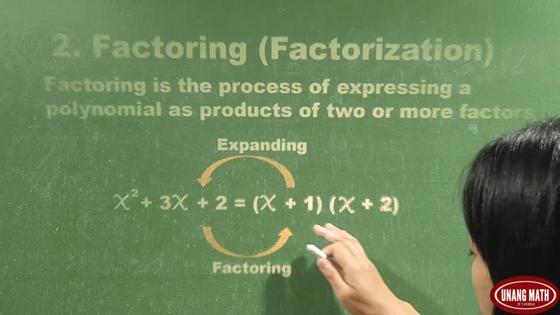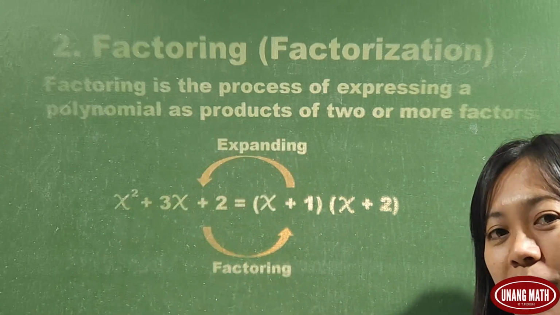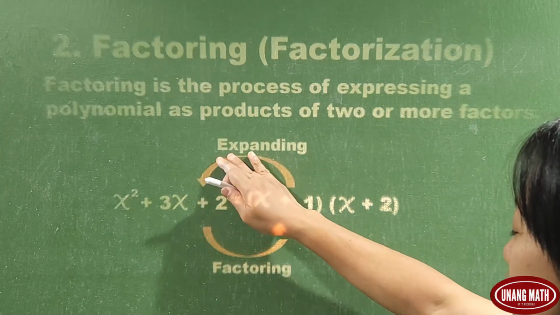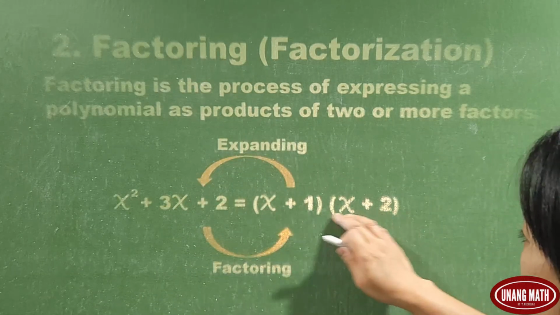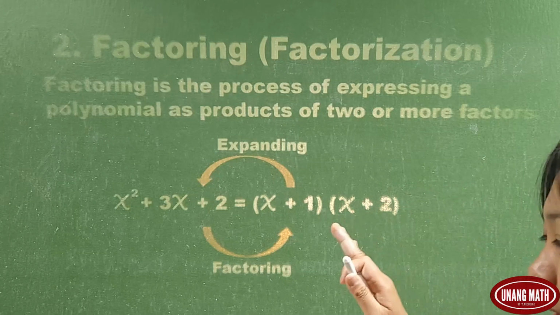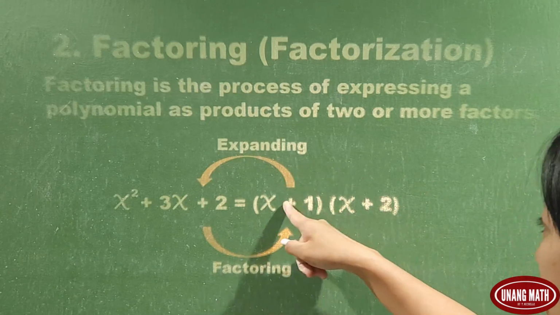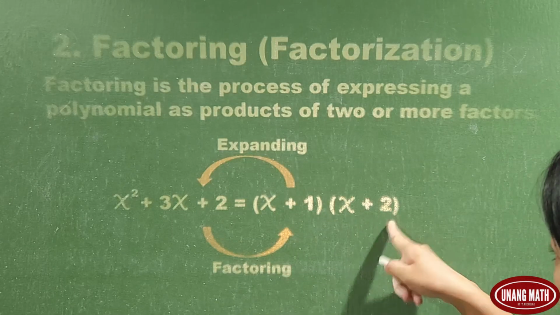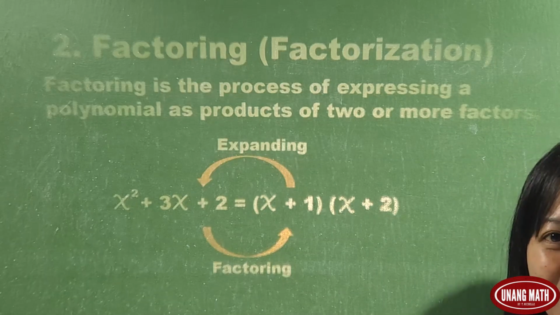If we are going to find the original expression that has been factored out, then that is what we call expanding. And we can expand these expressions using the distributive property. So this is x squared plus 2x plus x plus 2. And that would be equal to this expression.